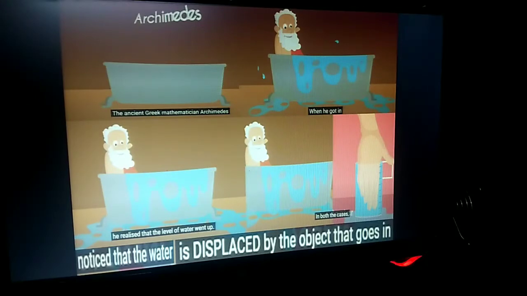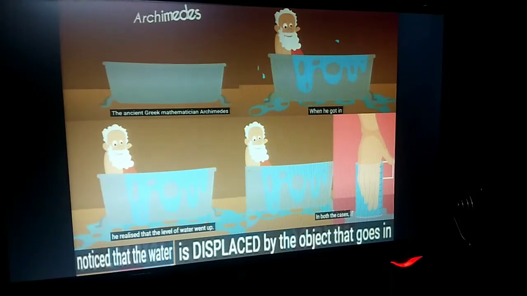Archimedes was the ancient Greek mathematician. When he got into the bathing tub, he realized that the level of water went up. In both cases, he noticed that the water is displaced by the object that goes in.